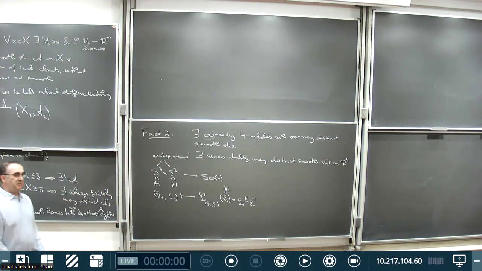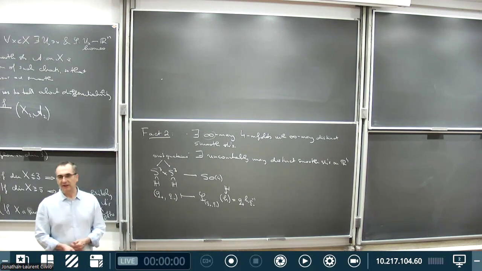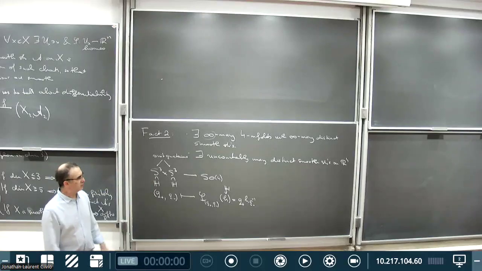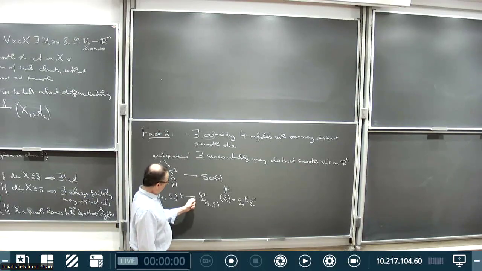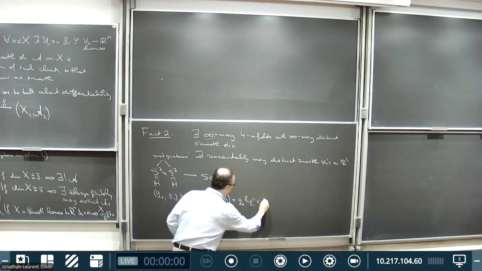There is a lot to check, but it's not very complicated. It's a little bit of playing around with quaternions to show that if you take the two unit quaternions, this will be an element in SO4.